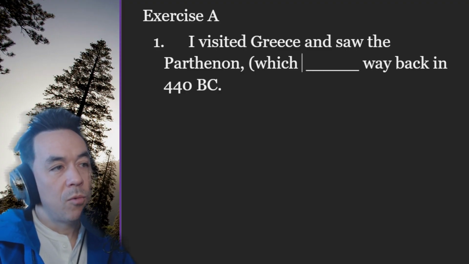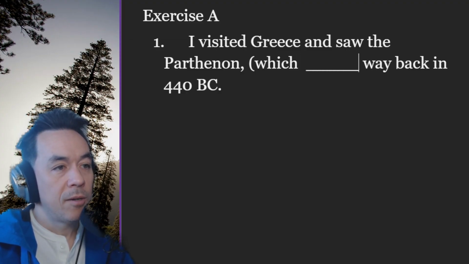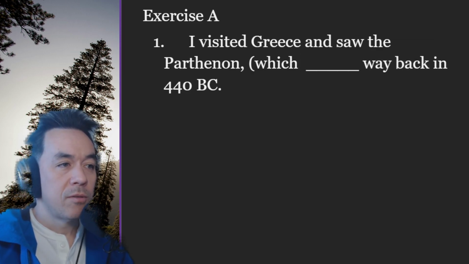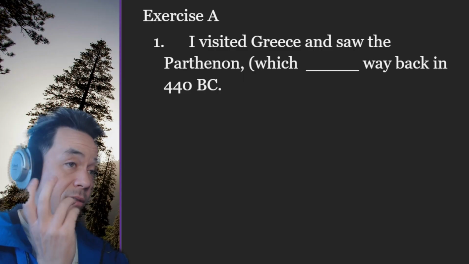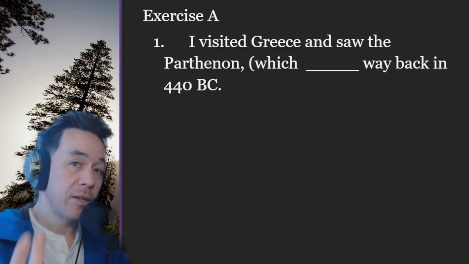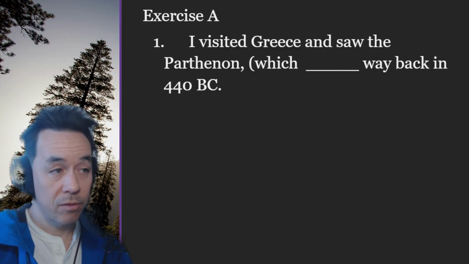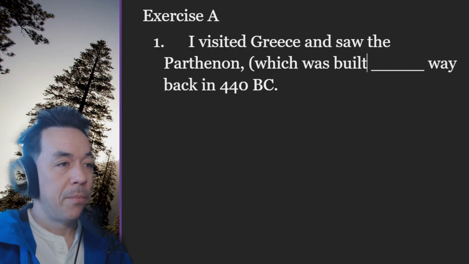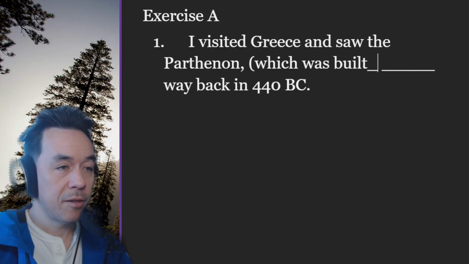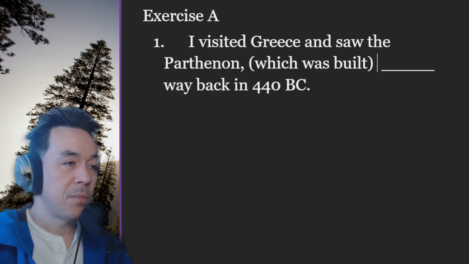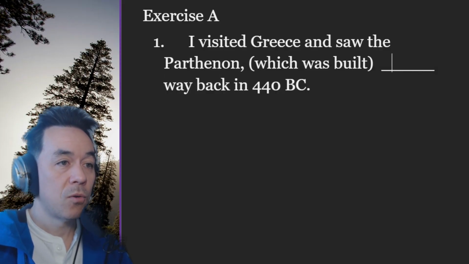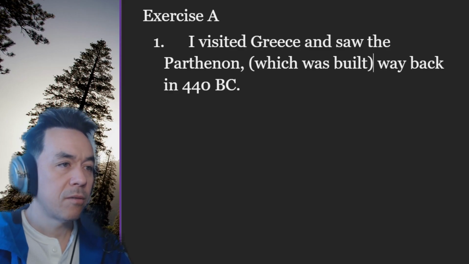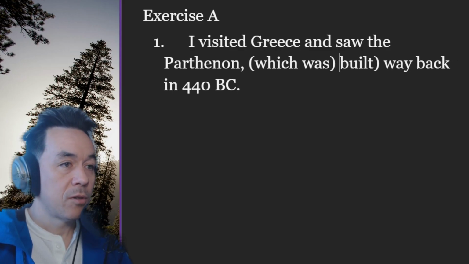And what could the verb be here? Way back, long time ago, you could say which, and we don't know who did it. So we're going to say which was built. So that could be the verb here. Which was built way back in 440 BC. Okay, so that's how it goes.